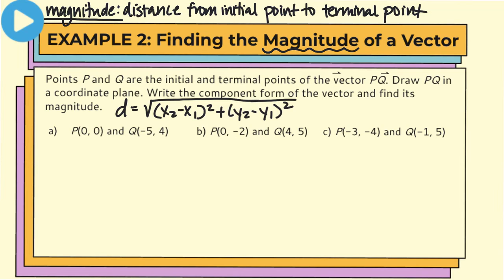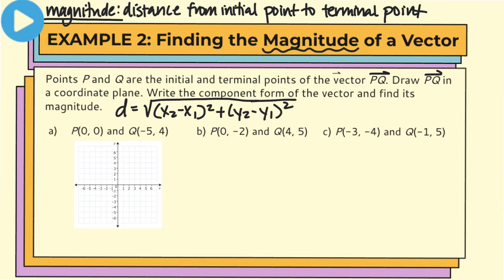All right, so it says points P and Q are the initial and terminal points of the vector PQ. Draw PQ in a coordinate plane, and then write the component form of the vector and find its magnitude. So first thing we want to do is plot each of these points on the coordinate plane.